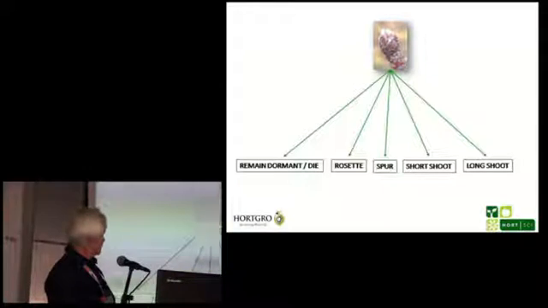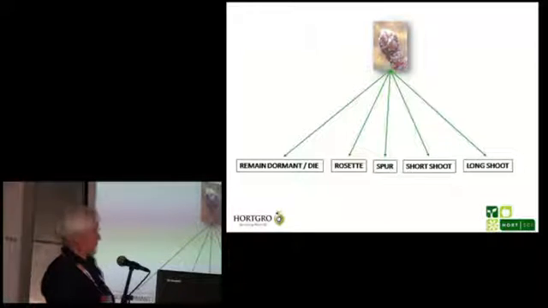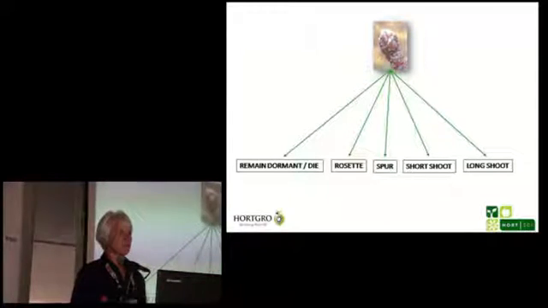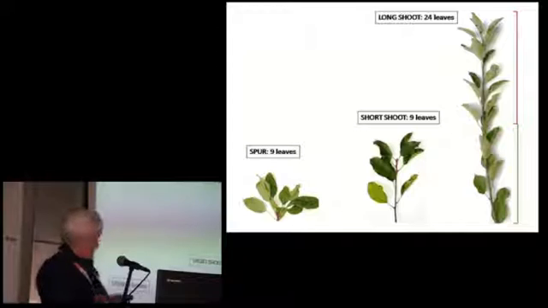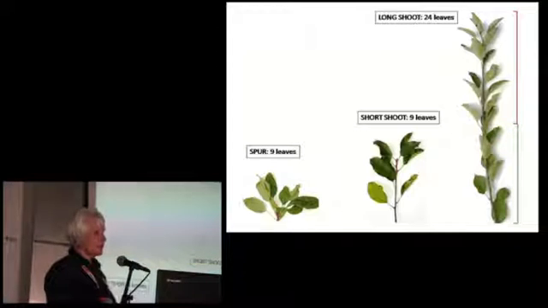Then what we normally see is that they can develop into spurs, and I will show you what these look like, or into short shoots or long shoots. Most trees will have any number of these structures developing in spring. The difference between them, if we look at this example: here we have a little spur containing 9 leaves.